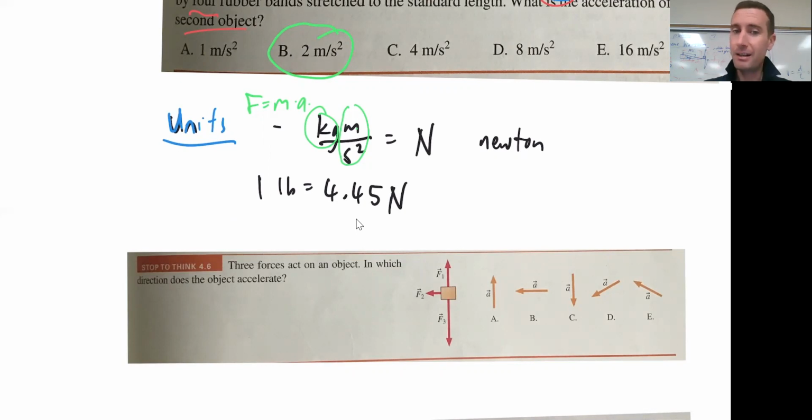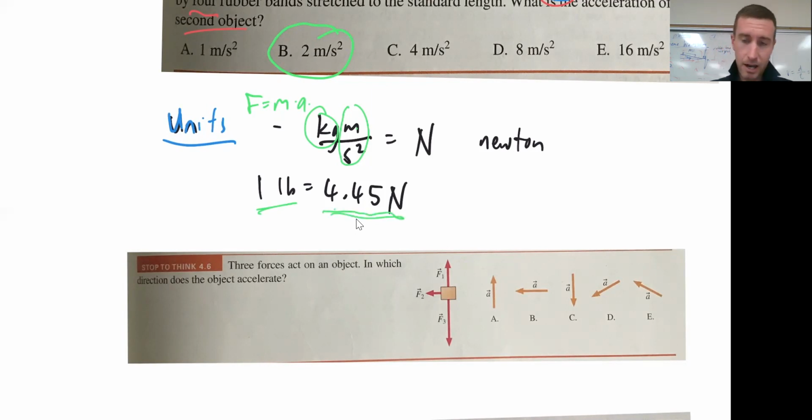Just to give a comparison to the units that you're more familiar with, remember Newton force is a unit of weight, or weight is a force. So we would work in pounds. 1 pound is equivalent to about 4.45 newtons.